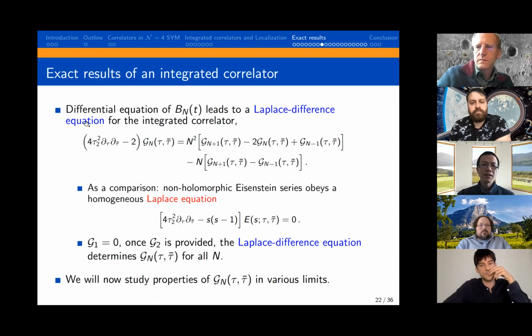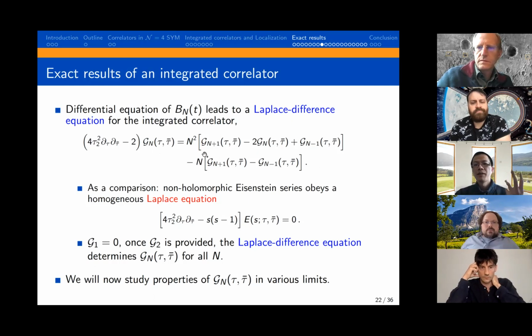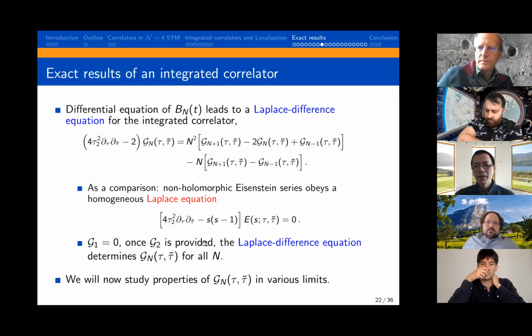The Laplacian is defined on the hyperbolic plane, and this equation relates the correlator for the SU(N) theory with SU(N+1) and SU(N-1). Just to give you some feeling, the non-holomorphic Eisenstein series which I introduced obey a relatively simple Laplace equation, like that.